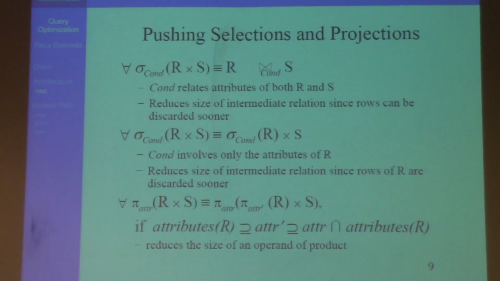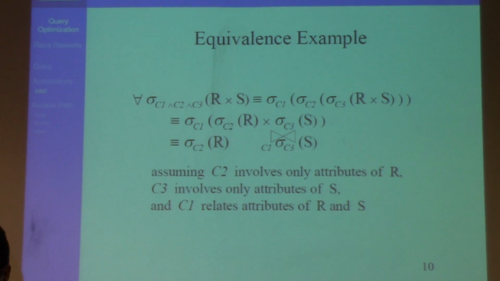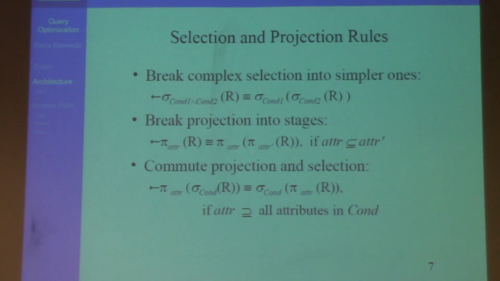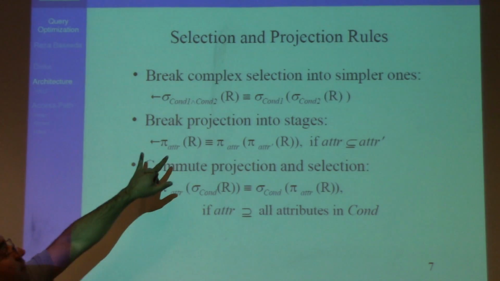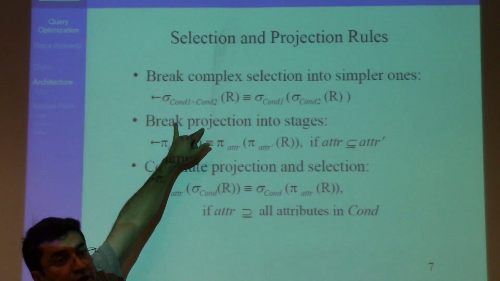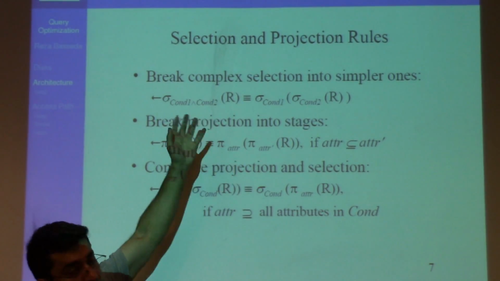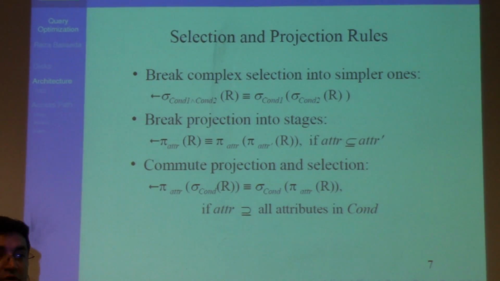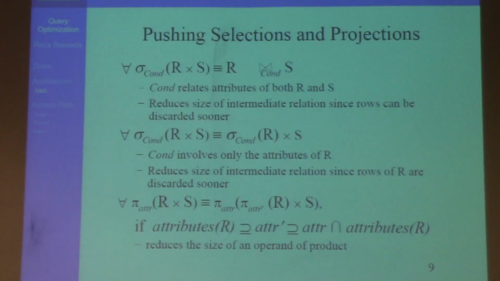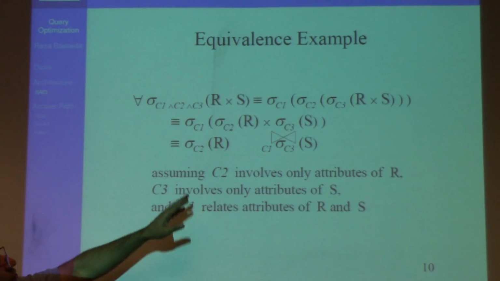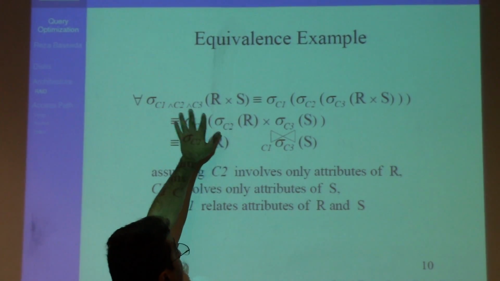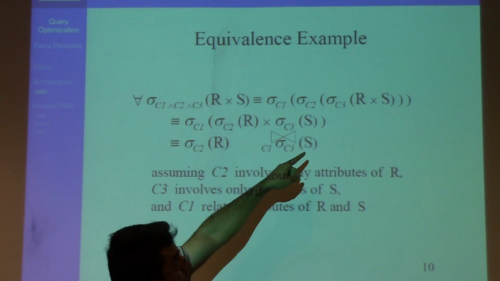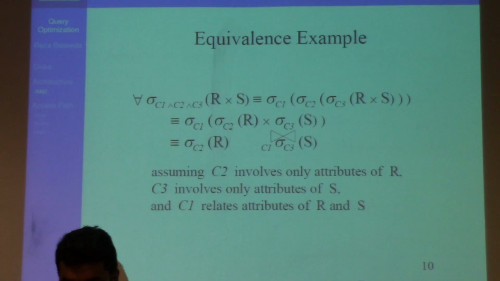How can you apply those rules? First of all, there was a rule over here: when you have a conjunction of conditions, then you have to translate this conjunction to consecutive selections, right? So if I apply this to the first expression, then we will see that we will have 3 selections. The last selection is selecting C3.